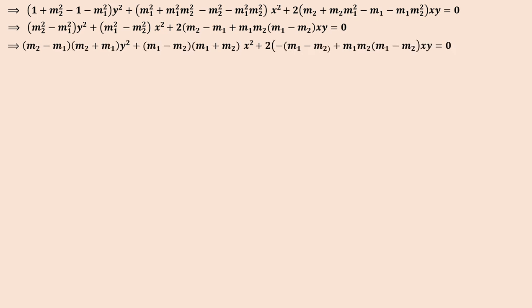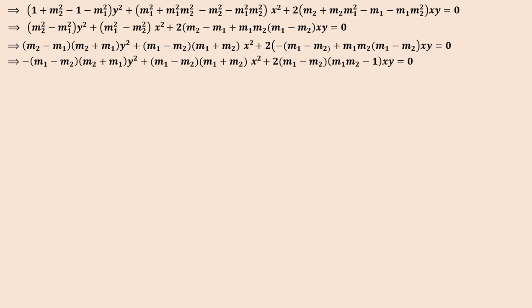So we are using the a square minus b square formula, a plus b into a minus b: m2 minus m1 into m2 plus m1 into y square, plus similarly m1 minus m2 into m1 plus m2 into x square, plus 2 into, taking minus outside from the first two terms, minus m1 minus m2 plus m1 m2 into m1 minus m2, xy equal to 0.